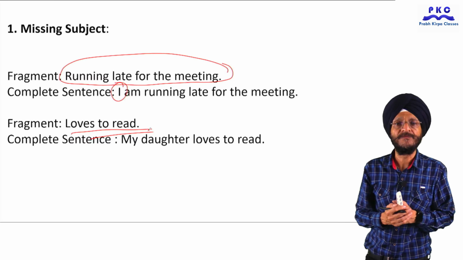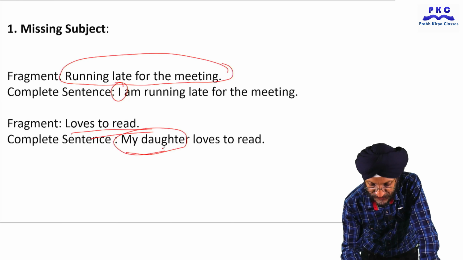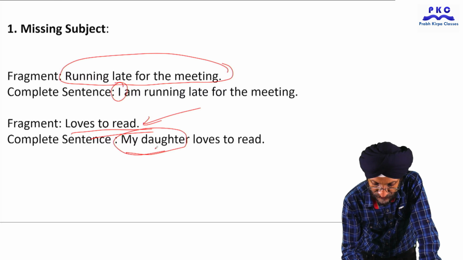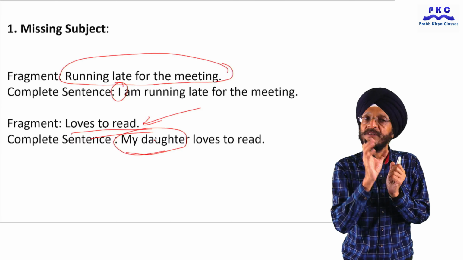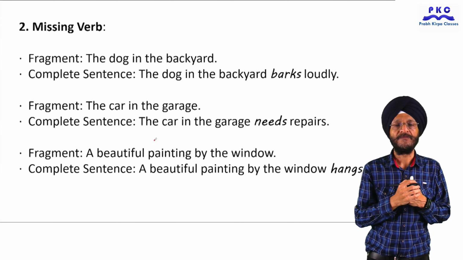Who loves to read? My daughter. It is the subject. Here it is a sentence fragment, and "my daughter loves to read" or "she loves to read" fixes it. The subject is missing.